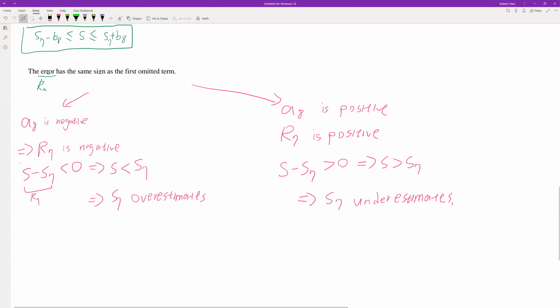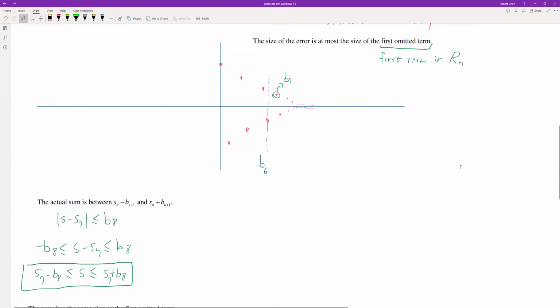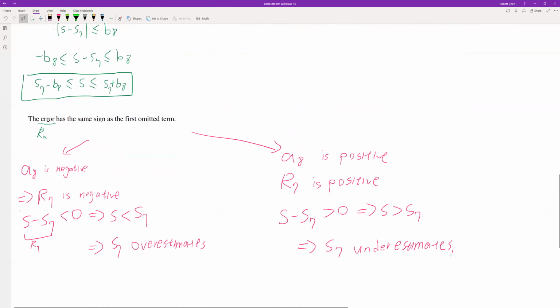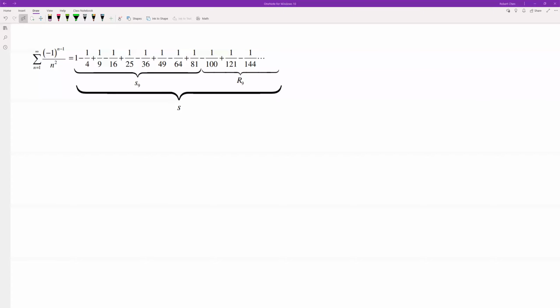Okay. Now that's a lot of information, so don't worry, we will take a look at an example and try to analyze these 3 items. All right, let's go back to the example we saw earlier. We add up the first 9 terms, calling that S9, and the remainder is going to be R9.